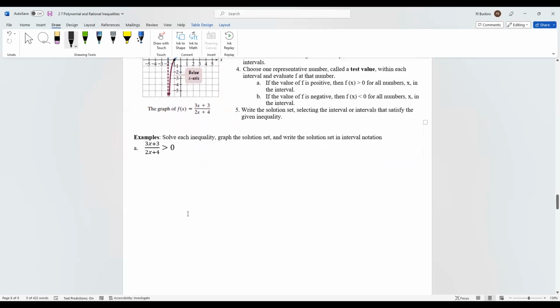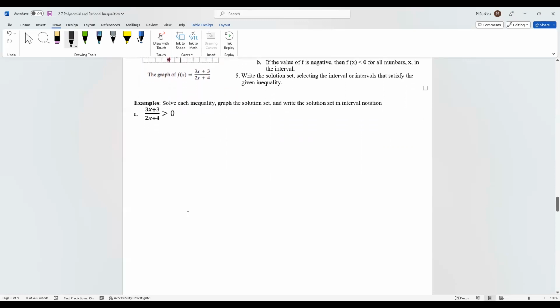All right, so let's go through our process. It's already greater than 0, so step 1 is taken care of for us. The next step is to set the numerator equal to 0 and set the denominator equal to 0 and solve. So we have 3x equals -3, divide through by 3, and we have x equals -1.